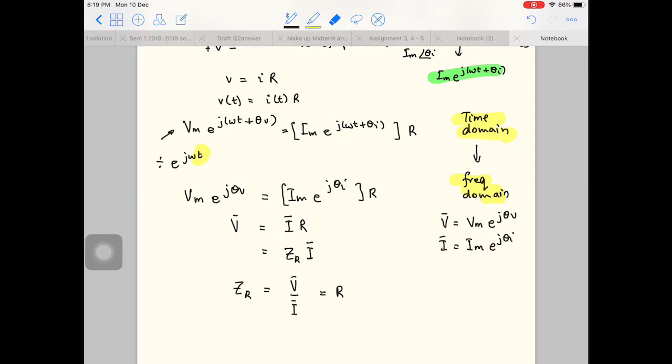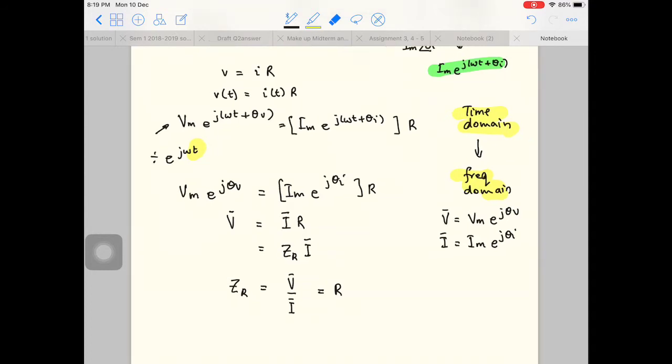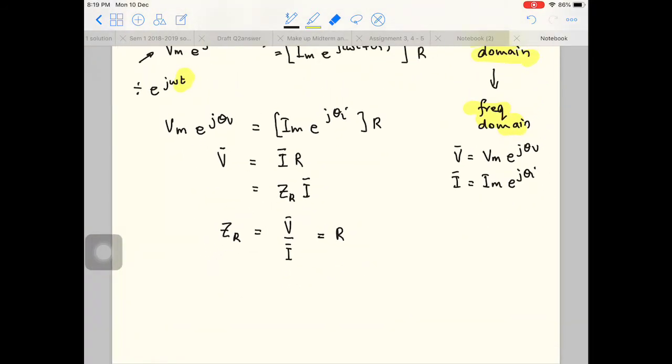So how do we represent this in terms of the complex plane? From here we have Vm angle theta v divided by Im angle theta I, which is equal to R angle 0 degrees.